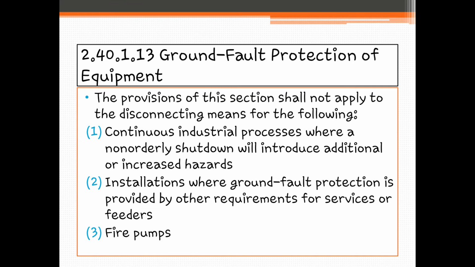The provision of this section shall not apply to the disconnecting means for the following: continuous industrial processes where a non-orderly shutdown will introduce additional or increased hazards, installations where ground fault protection is provided by other requirements for services or feeders, and fire pumps.